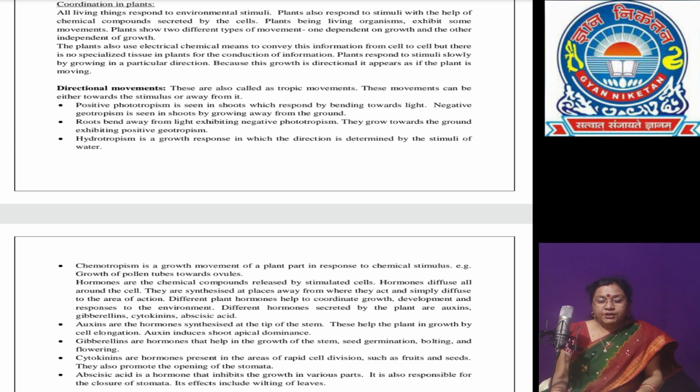It is secreted by the shoot system of the plant and it promotes ripening of fruits, as well as it helps in the breaking of bud dormancy. It means it helps in flowering also. So, thank you for this session.